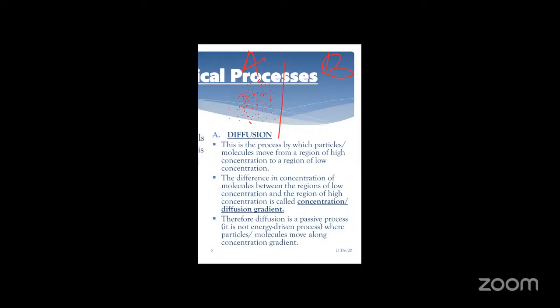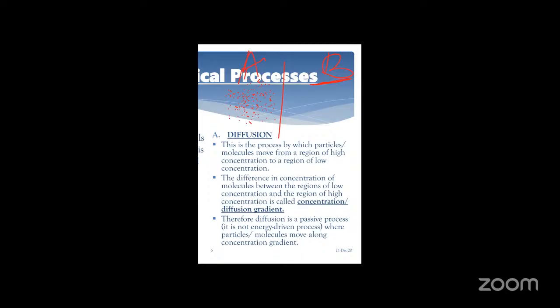Between these two regions, in region A we have a lot of particles or molecules of, let's say, a cologne, while in region B here we don't even have a single molecule of that perfume.